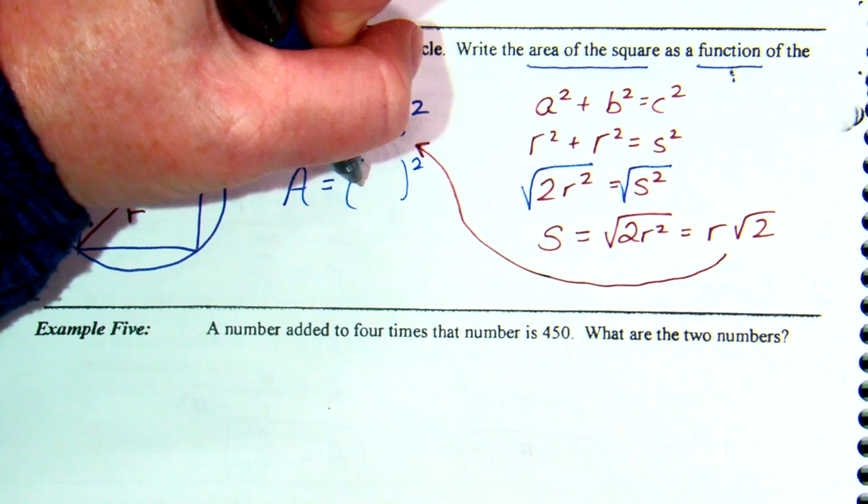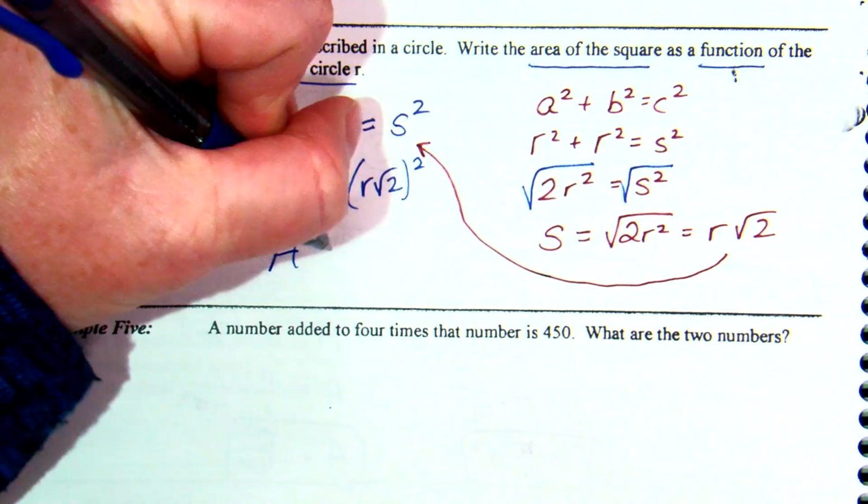Solve for X. Are you okay with how I wrote that equation, guys? A number added to 4 times that number is 450. So x plus 4x equals 450. What's x plus 4x? 5x equals 450. Divide by 5, and x is 90.